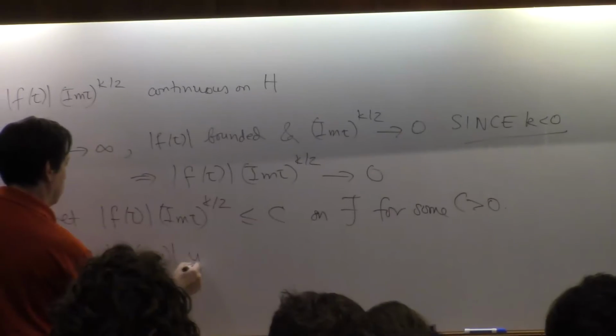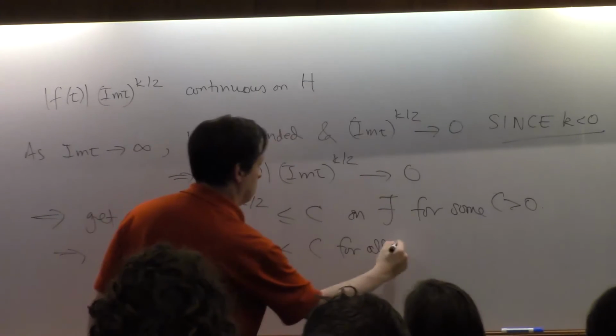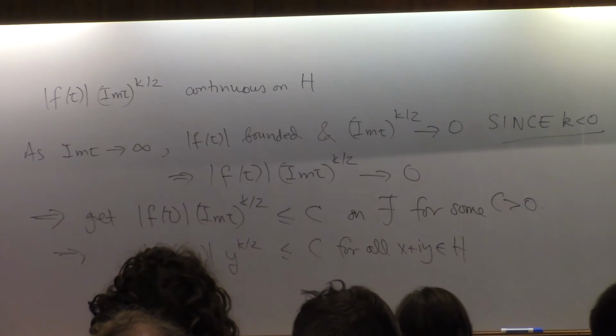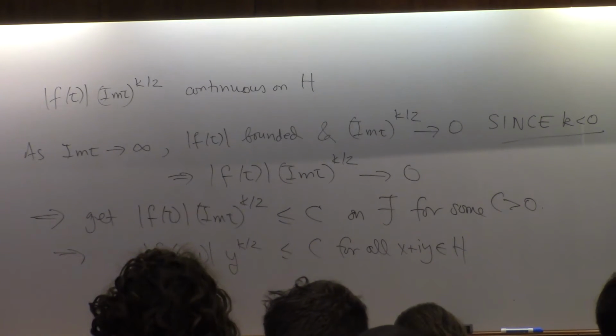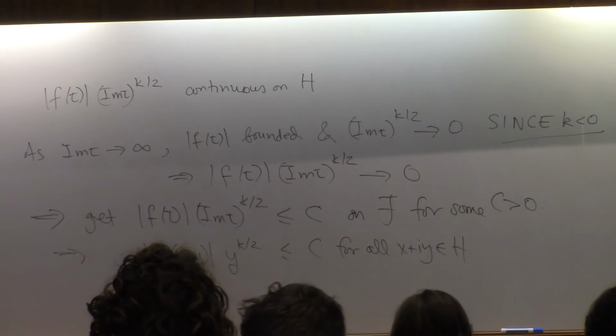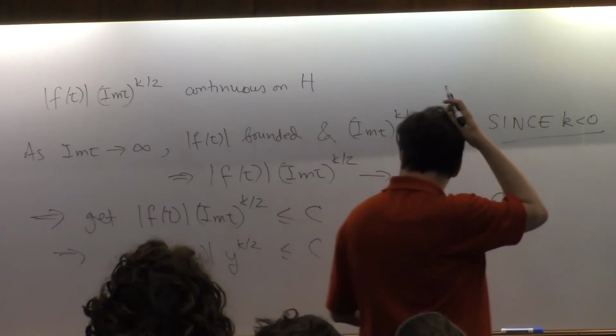And now let's write out tau as x plus iy. Okay? So this function is bounded in the upper half plane. How is that going to help?